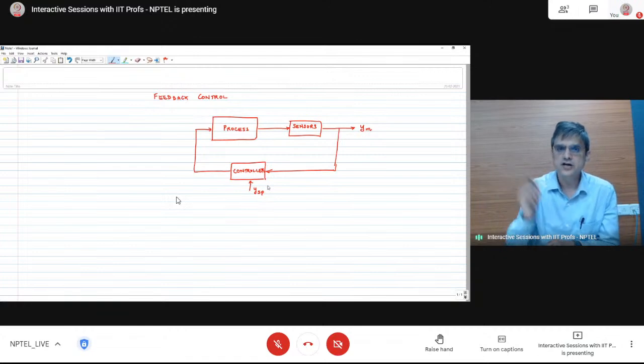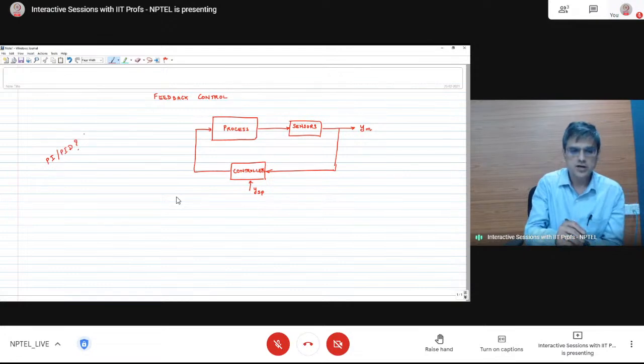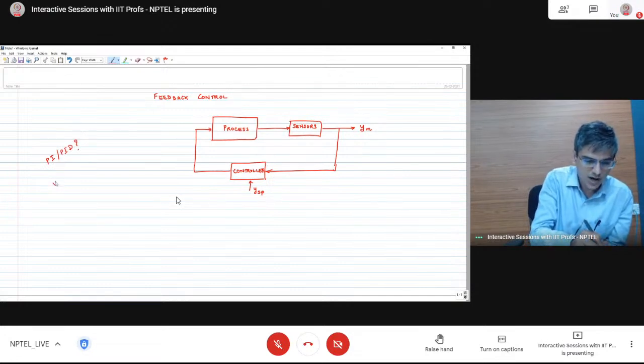Now, what did we do in PI controllers, PID controllers? We looked at Y set point minus Y measured.